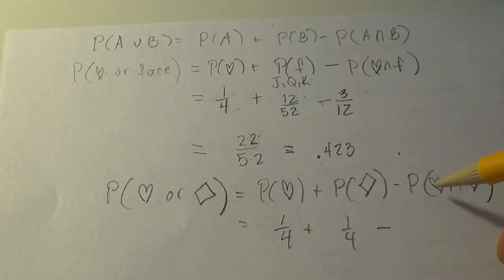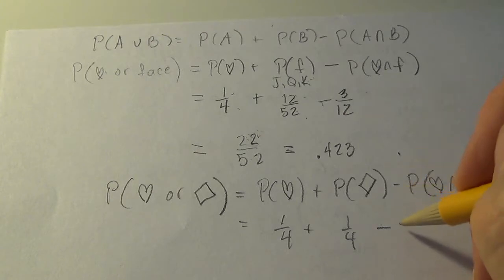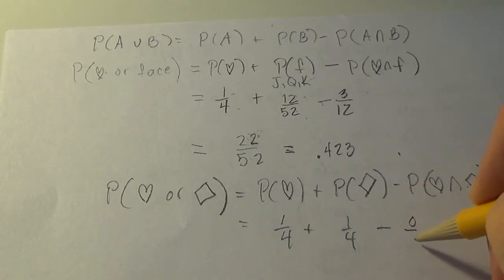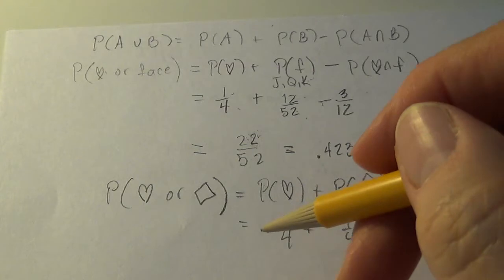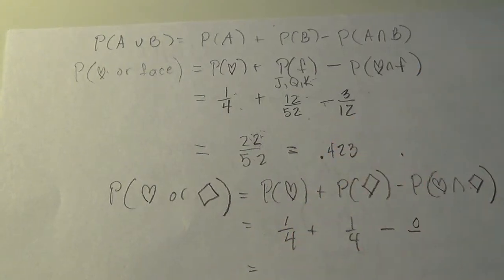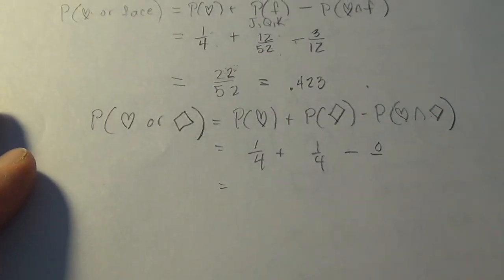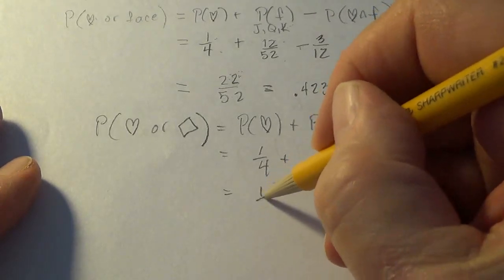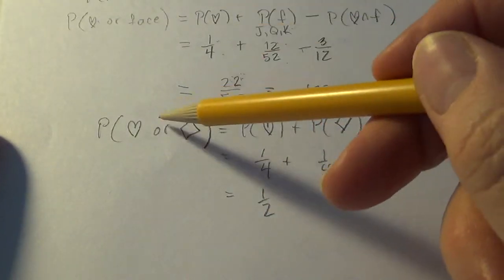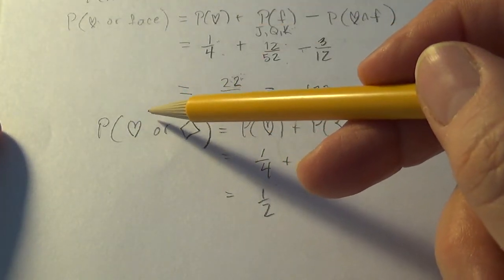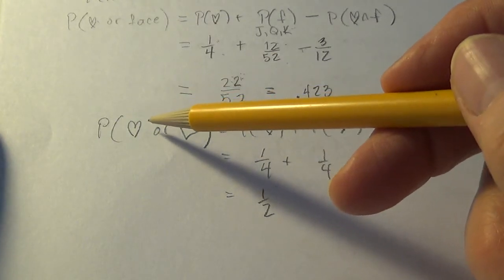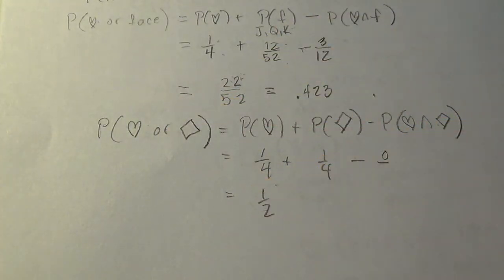And there are no cards that are both heart and diamond at the same time. So we get 1/4 plus 1/4, which is 2/4, and that reduces to 1/2. So the probability of drawing a card from a standard deck that is a heart or a diamond is 1/2.